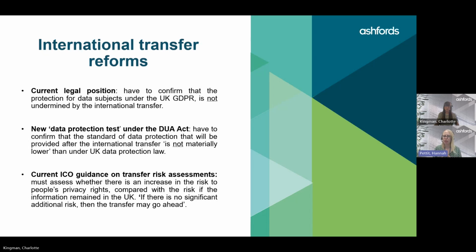Previously, when an organisation wanted to send personal data to a new location that didn't have an adequacy decision, and it would be putting appropriate safeguards in place and assessing those safeguards, what it would be asking is, does the protection for data subjects under the UK GDPR, are we comfortable that that's not going to be undermined by this international transfer? Whereas now there's a shift and the new data protection test will apply instead when you're carrying out that assessment.